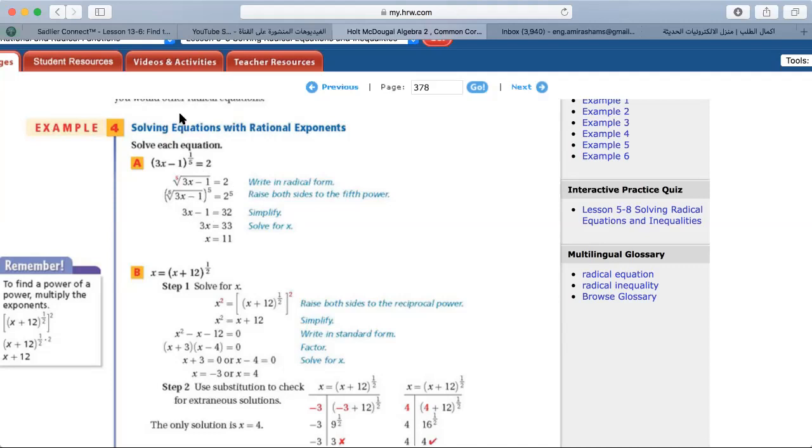So if I have a fractional exponent, the denominator I will rewrite as the index of the radical, and the numerator I'm going to write as the exponent of the whole term.